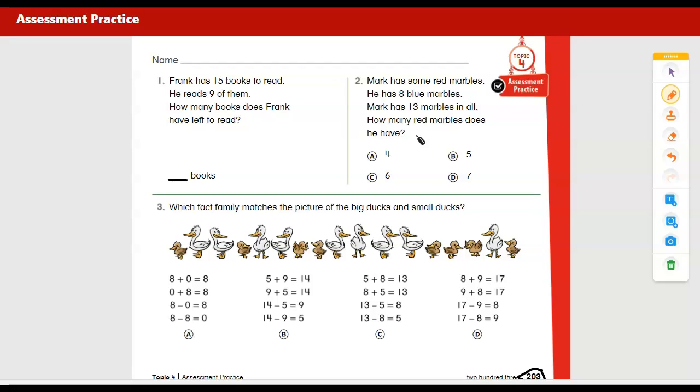He has 8 blue marbles. Now he has 13 marbles in all. How many red marbles does he have? So pay close attention to how many marbles are blue and how many marbles he has in all. What is the difference?